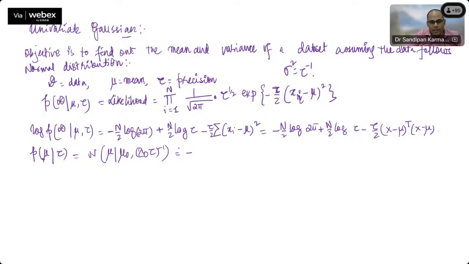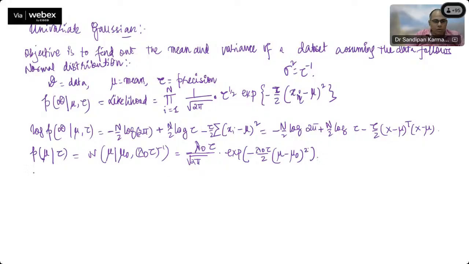I have taken the univariate case. So the PDF will be 1 divided by 2 pi, and in the numerator lambda naught tau, multiplied by exponential of minus lambda naught tau by 2 times (mu minus mu naught) whole square.